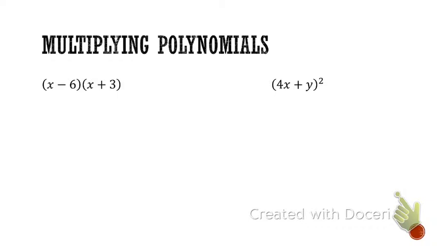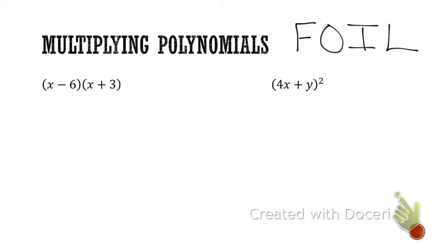Multiplying polynomials. When I multiply polynomials, and on these assignments this week, I did not really include the distributive property option because really FOIL is the way that you're going to want to go. And remember, FOIL is first, outside, inside, last.